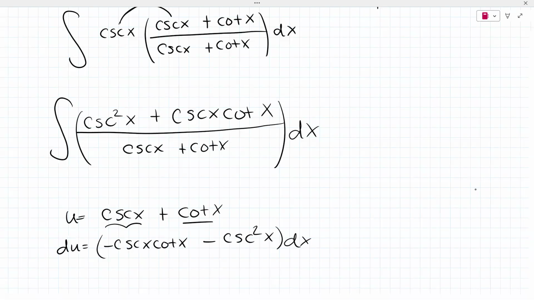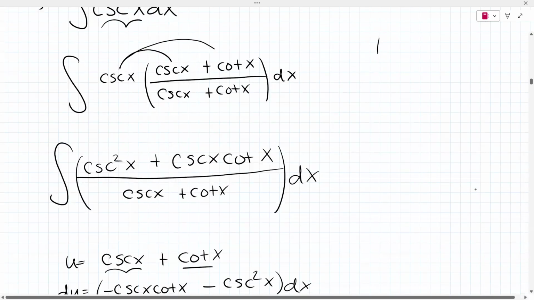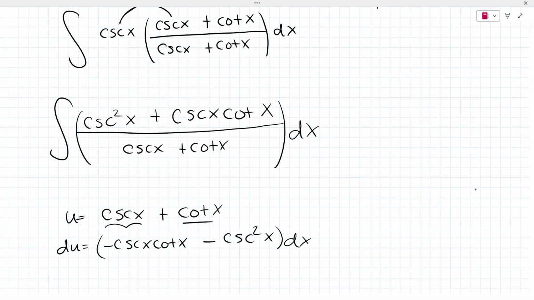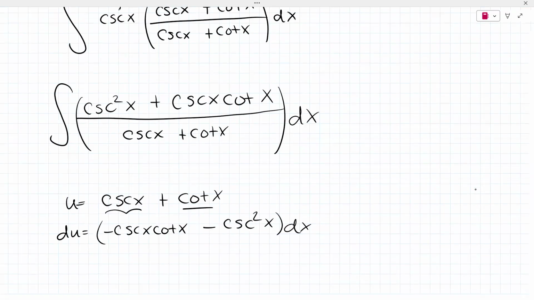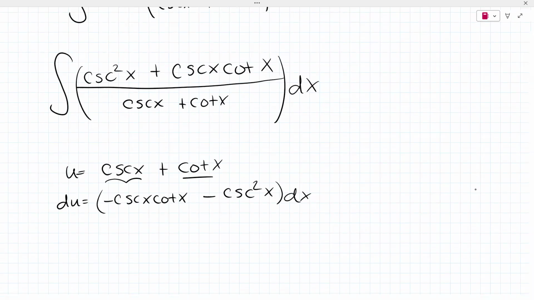So our u is cosecant x plus cotan of x, and our derivative is negative cosecant x cotan of x minus cosecant square x.